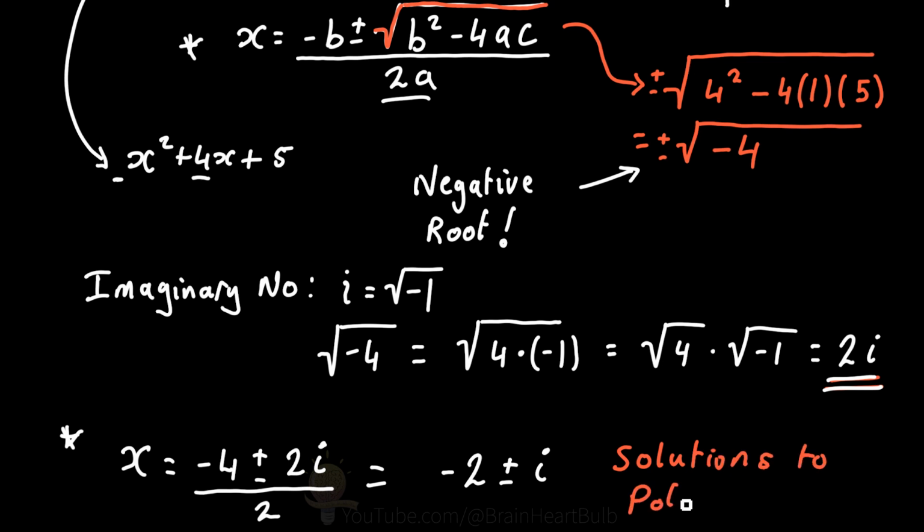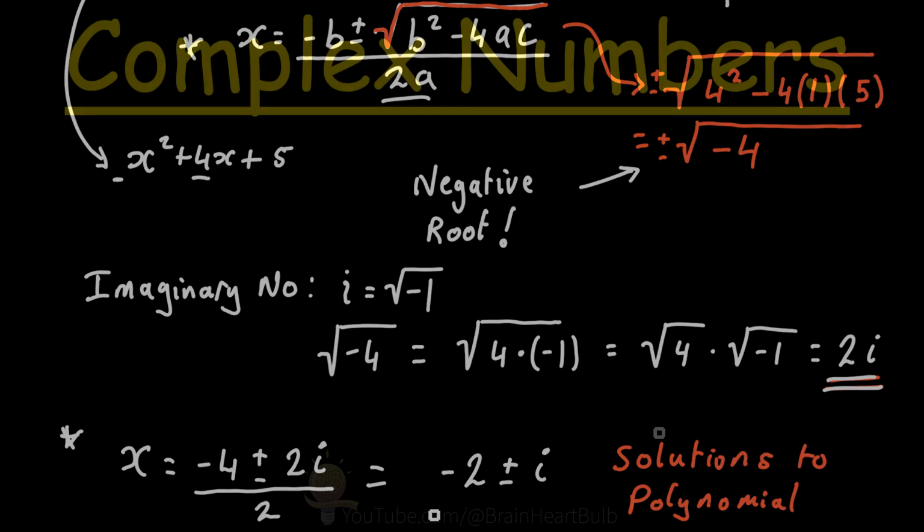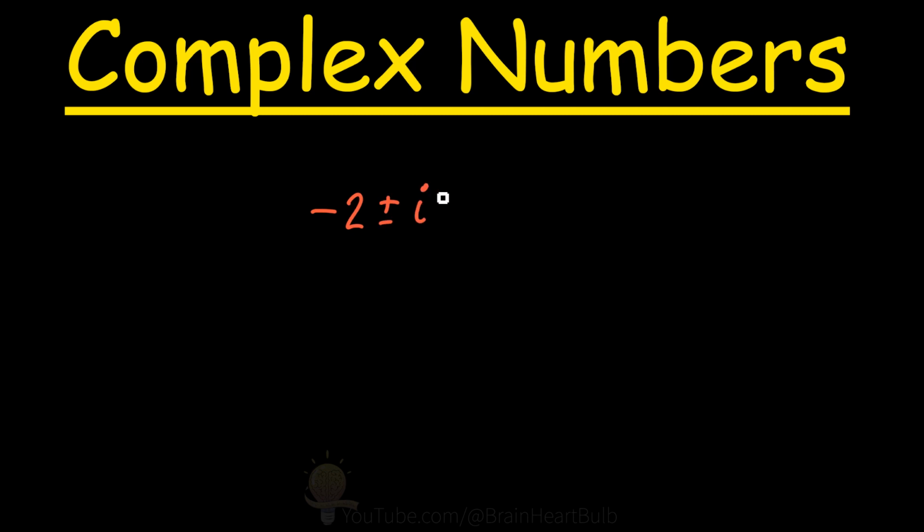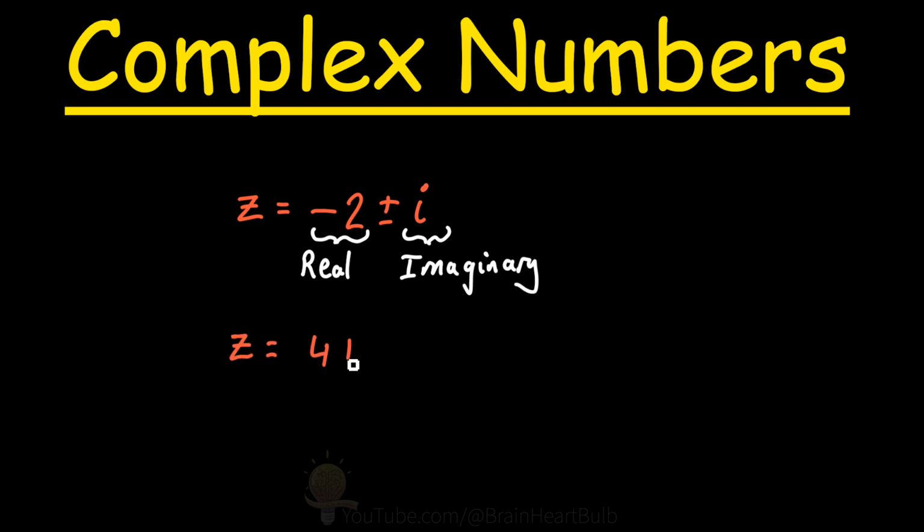These two solutions are called complex numbers and are usually written with a z rather than an x. But they consist of a real part and an imaginary part. So we've got another example of a complex number here as well, where the real part is 4 and the imaginary part is 5i.